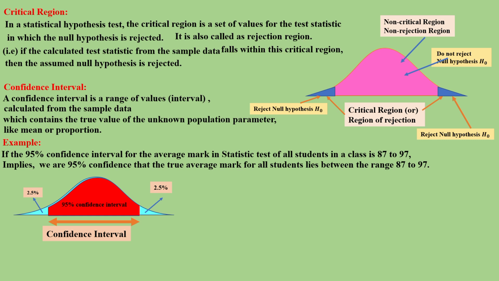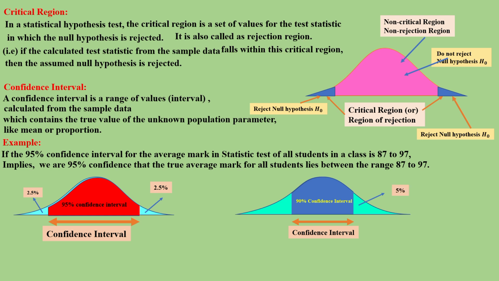So 95% is the confidence interval, and the balance 5% is divided into 2.5% on this side and 2.5% on that side, which is the rejection region. For a 90% confidence interval, the balance is 10%, so 5% on the left side and 5% on the right side.